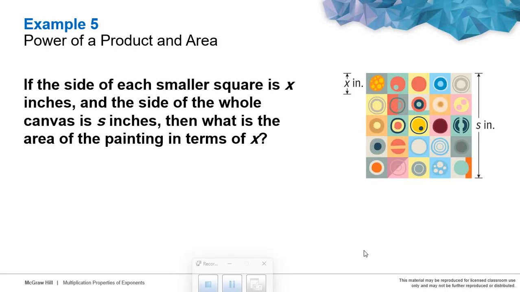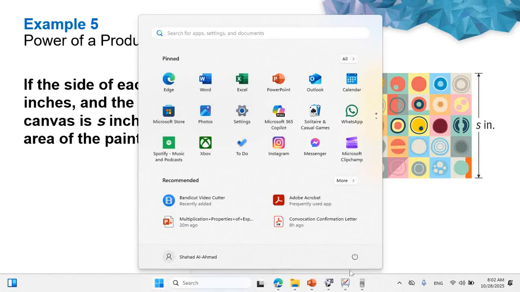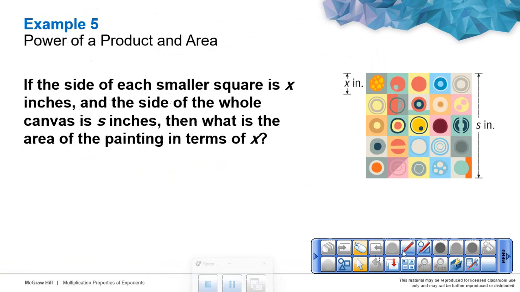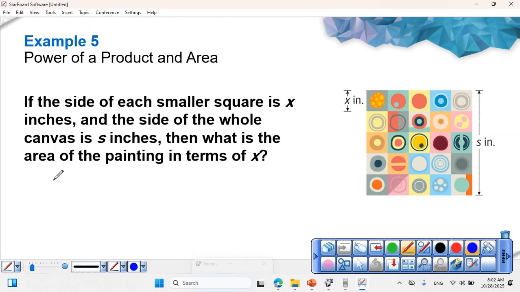Okay. The area of the square equals s times s. This equals s squared. Okay, good.